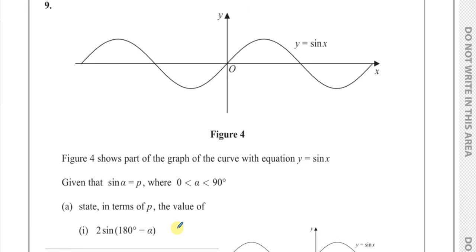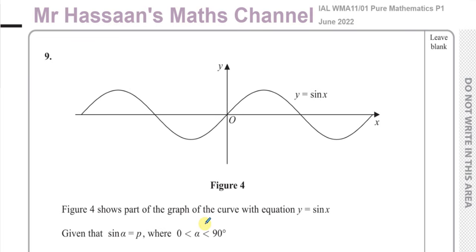So basically alpha is an angle between 0 and 90. Now in the sine curve you've got 0 degrees, of course, over here, and then this is 180 degrees, and this is 360 degrees. And this is negative 180 degrees, and this is negative 360 degrees. We should know how the sine curve goes. It reaches a maximum value of 1 and a minimum value of -1, and it doesn't go above or below that for y equals sine x.